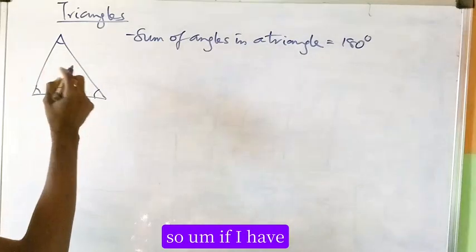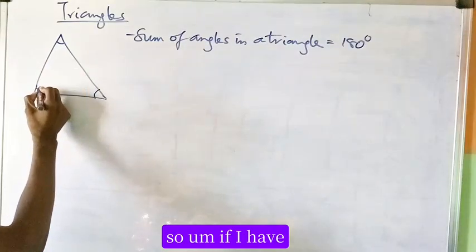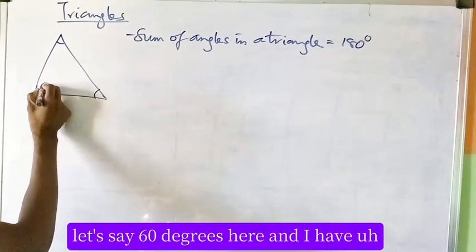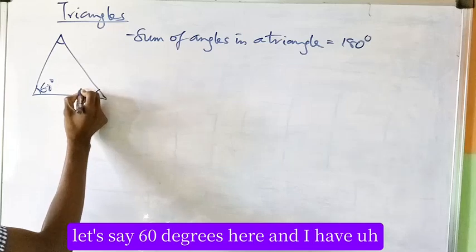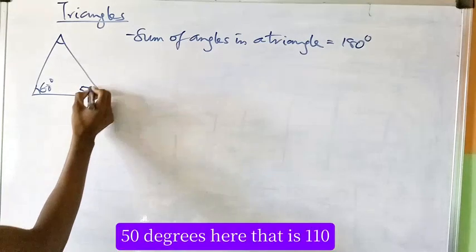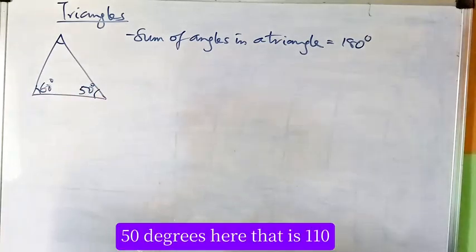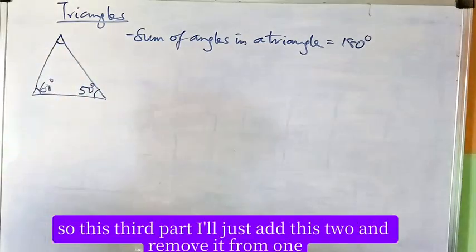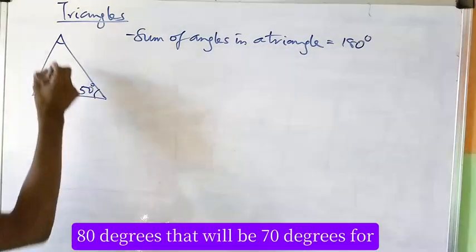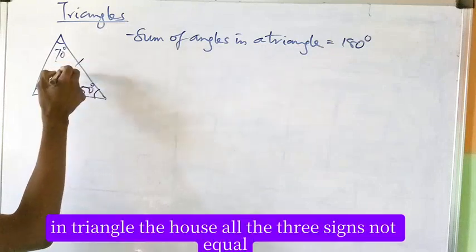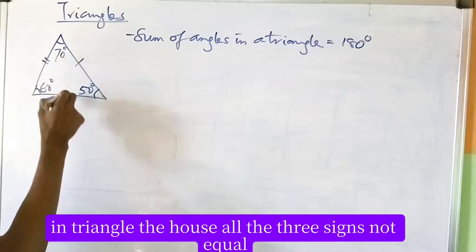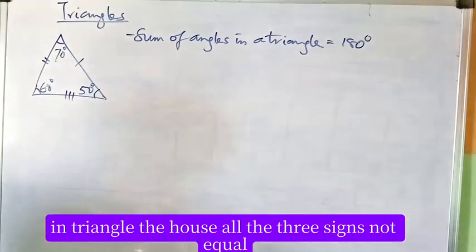So if I have, let's say, 60 degrees here, and I have 50 degrees here, that is 110. So for this third part, I'll just add these two and remove it from 180 degrees. That will be 70 degrees. For a triangle that has all the three sides not equal.